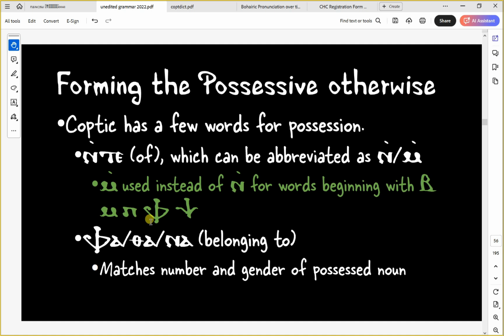So these spelling differences are really just how your mouth works. So if I want to say of this bread, right? So pai oik is this bread. The word for of is en pai oik. But if you would say it more smoothly, you won't say en pai oik, you'd say em pai oik. It's easier to say that way.